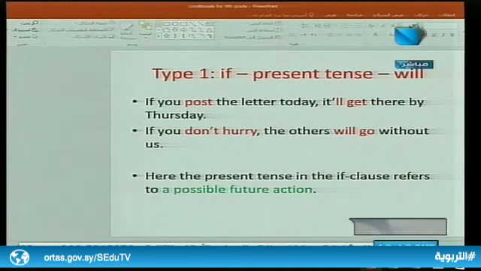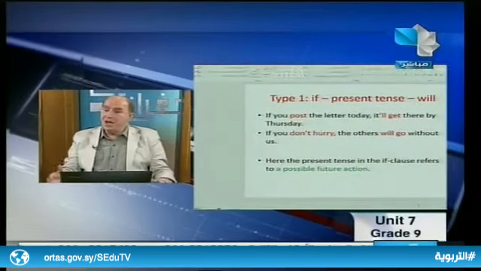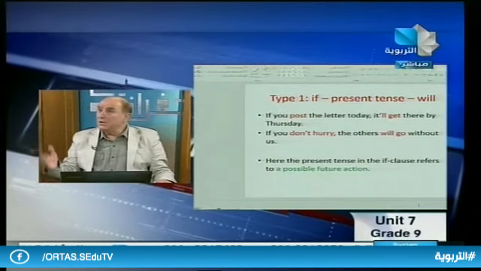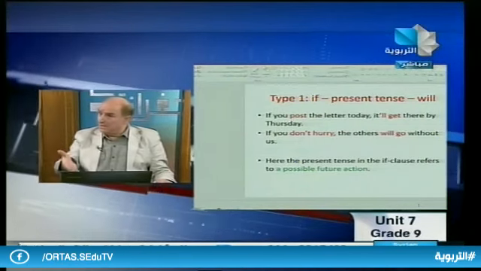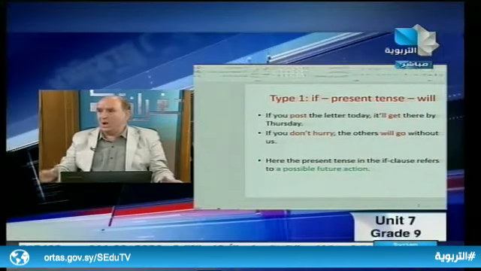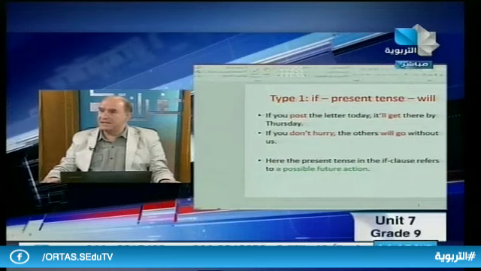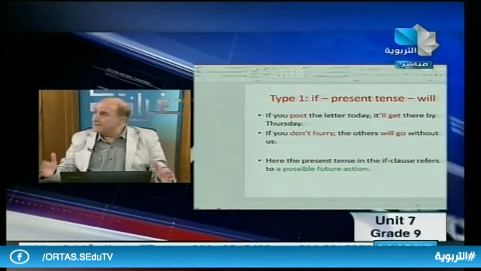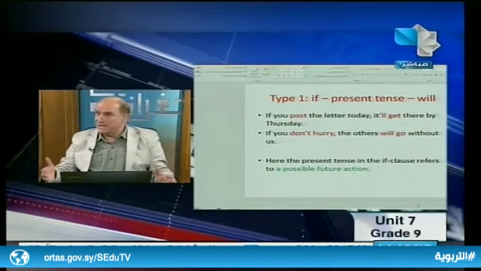For example, I say, if you study well, you will pass. Study well, and you will pass. This is likely to happen, it will mostly happen. The result is possible to happen or to take place.